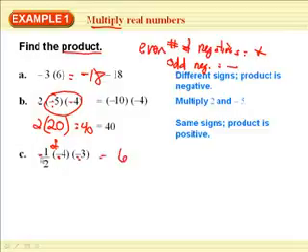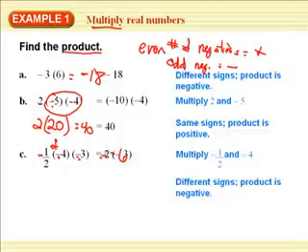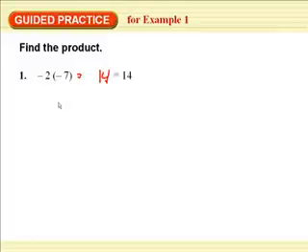And then we determined there's an odd number of negatives, so the answer is -6. Okay, so let's do some here. -2 times -7 is, 2 times 7 is 14. Two negatives make a positive. Done.